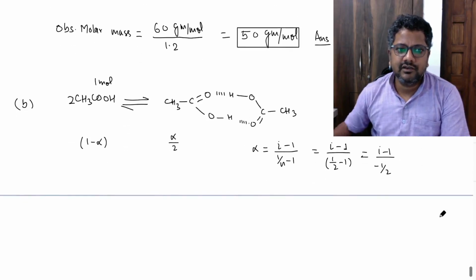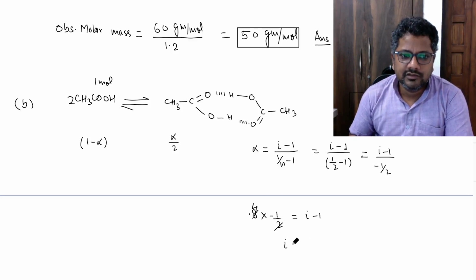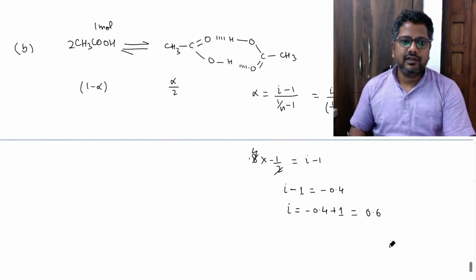So alpha is equal to 80%. So this is 0.8 multiplied by minus 1 by 2. This is equal to i minus 1. So this is minus 0.4. So i minus 1 is equal to minus 0.4. So i is equal to minus 0.4 plus 1. So this is equal to 0.6, right?